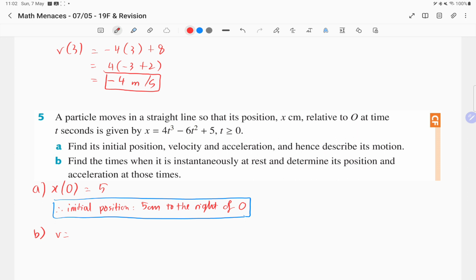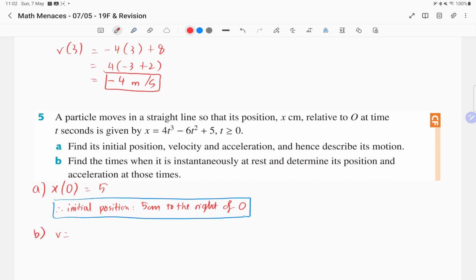Yeah, but when they answer the question, it says it's instantaneously at rest at 5 centimeters. They've used the same two terms. When they describe the motion, they say initially the particle is instantaneously at rest at 5 centimeters, and then it asks when it's instantaneously at rest. So wouldn't it be instantaneously at rest at 5 centimeters? Oh, I'm a bit confused.